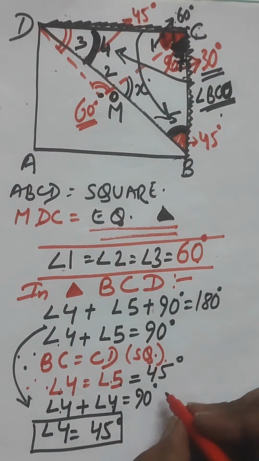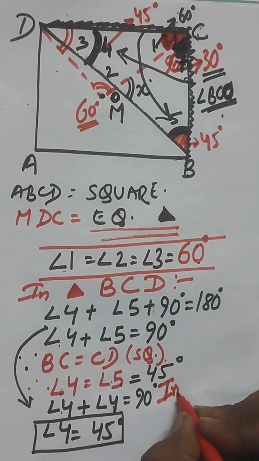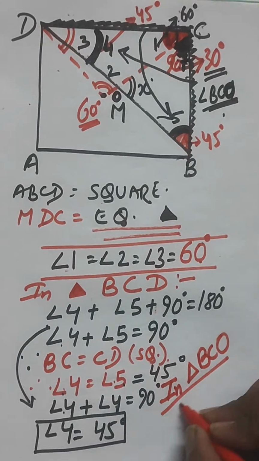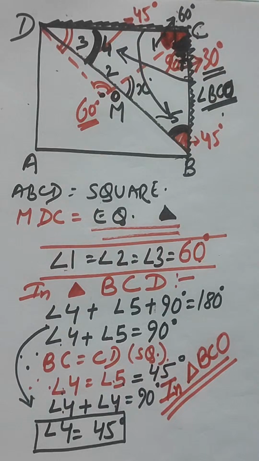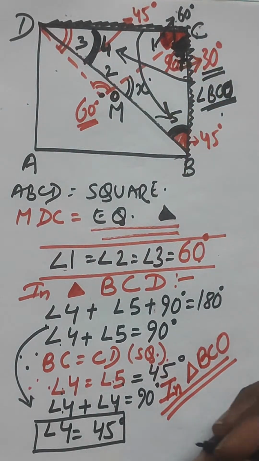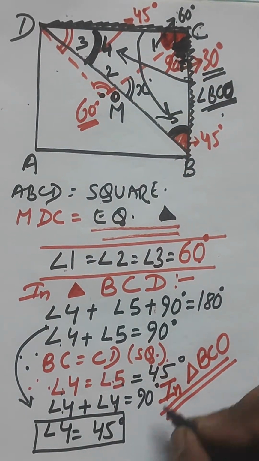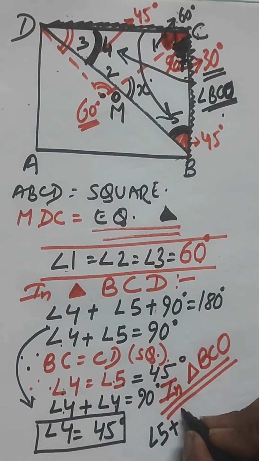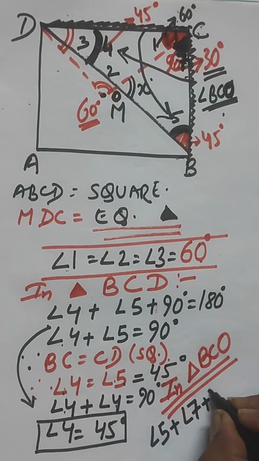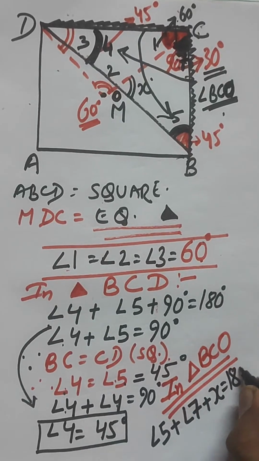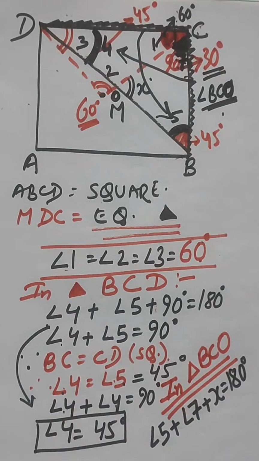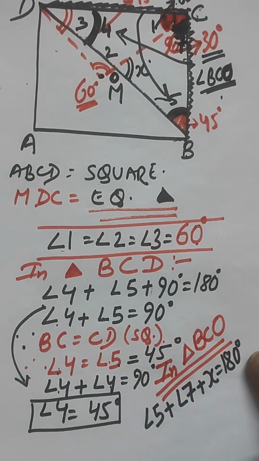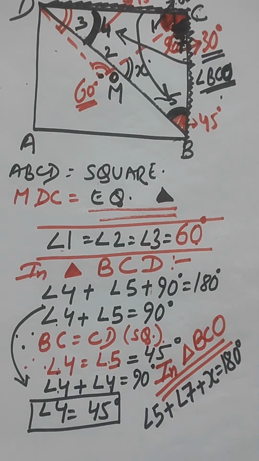So we can write in triangle BCO, this angle 5 plus angle 7 plus x forms 180 degrees, right? Angle 5 plus 7 plus x is 180 degrees, and this is angle 7.